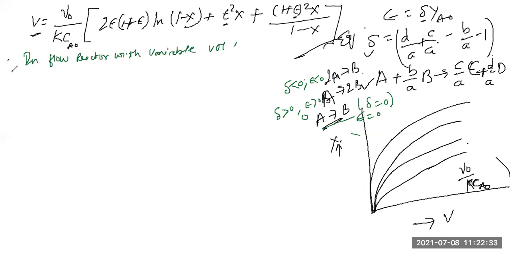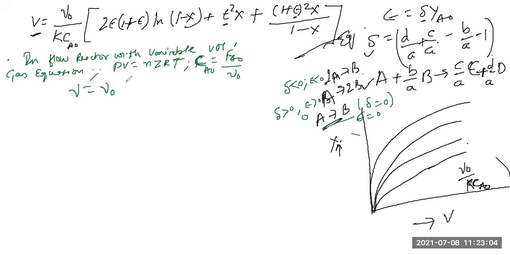We used the gas equation, PV equals NZRT, and we used concentration equals FA0 divided by nu 0. Using these equations, we reached this relation for flow rate, nu equals nu 0 times (1 plus epsilon X).